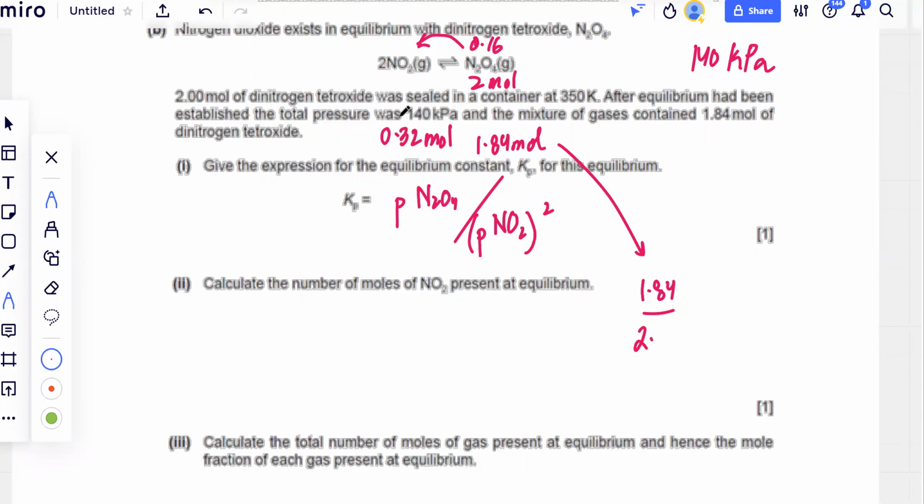So it's 2.16 multiplied by 140 kilopascals. And the partial pressure due to this gas is going to be 0.32. The total moles are 2.16. And it's going to be multiplied by 140.